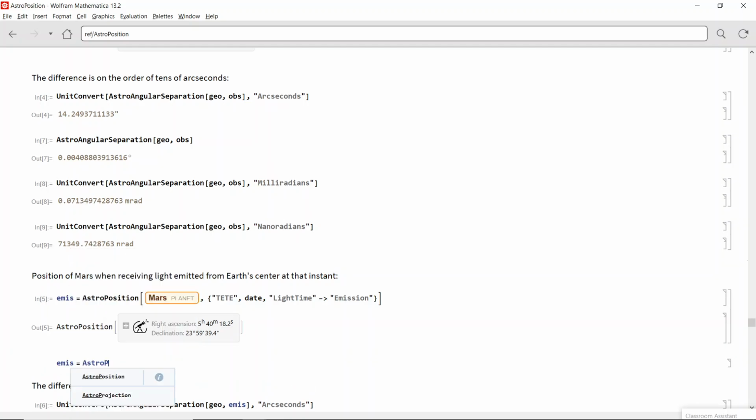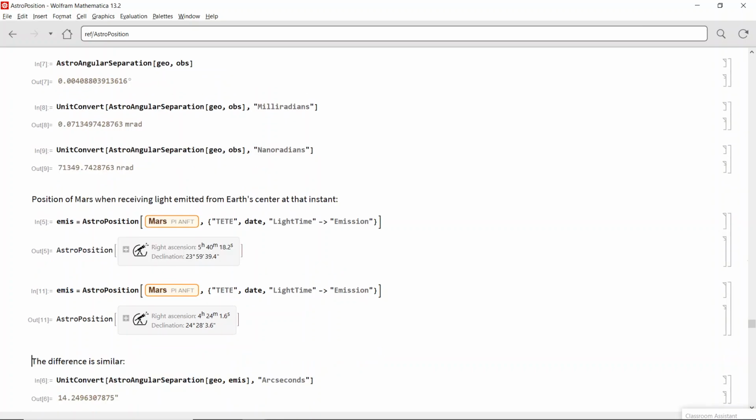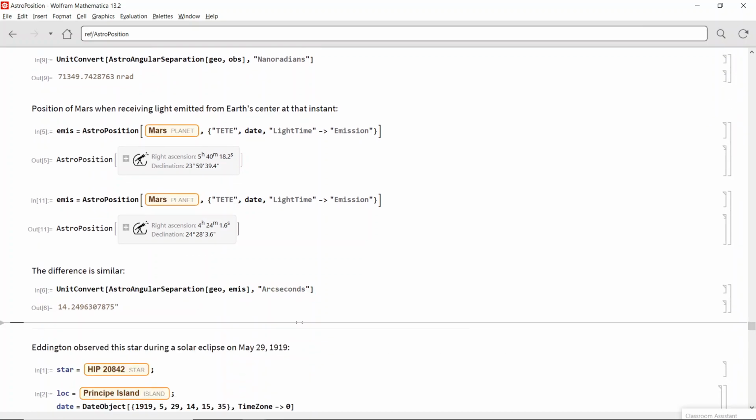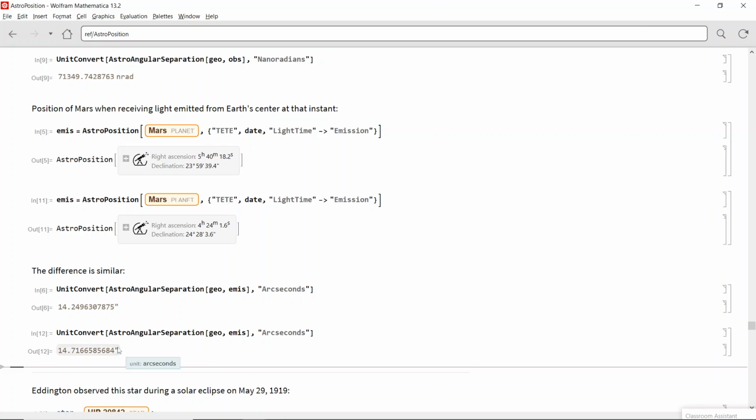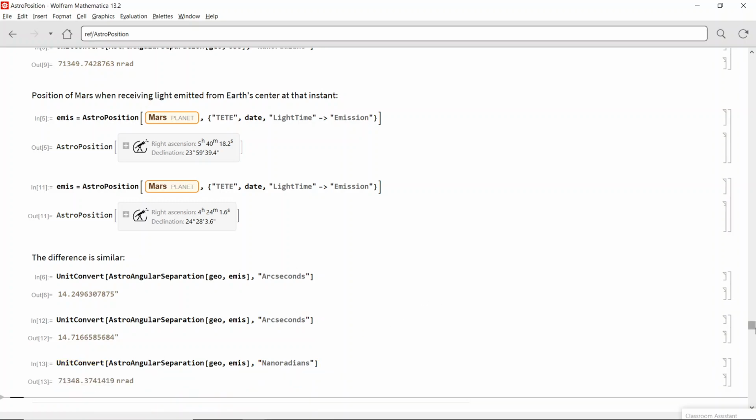EMS equals AstroPosition Mars, TE, date, light time, emission. The difference is similar. That's interesting. Let me do it nano. So you have 71348 compared to 71349.